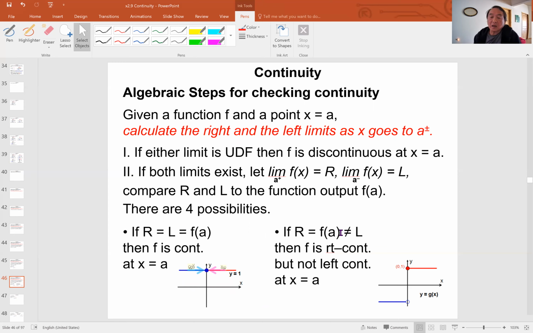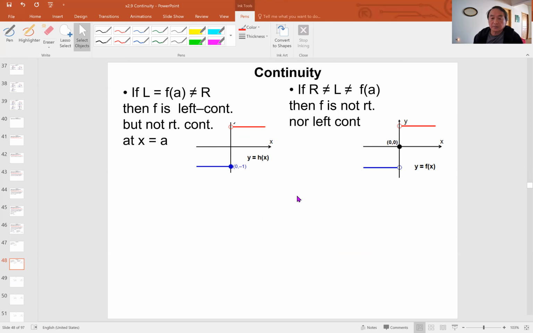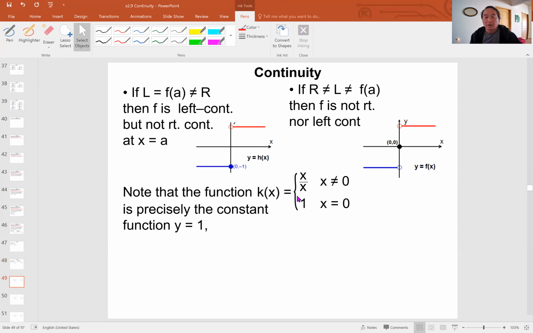Suppose it agrees on the right-hand side but not on the left limit, then this is right continuous. That's a picture. And if it agrees on the left-hand side, it's left continuous. And then you've got a worst case scenario where it's not left continuous or right continuous, so it's broken quite a bit.